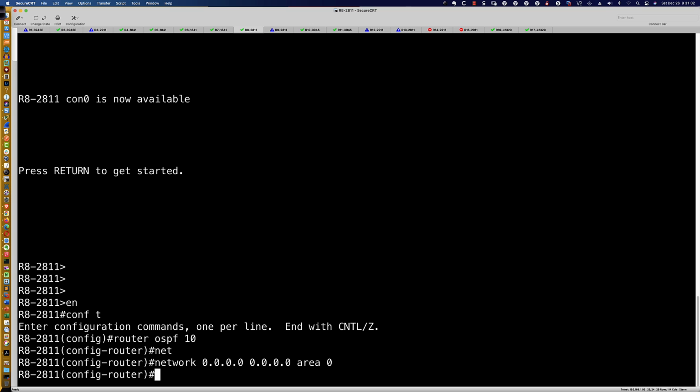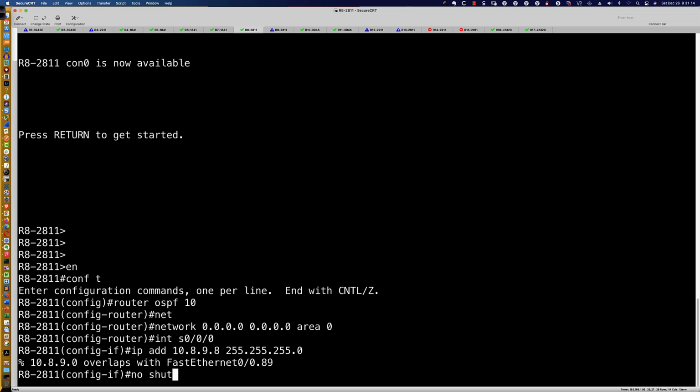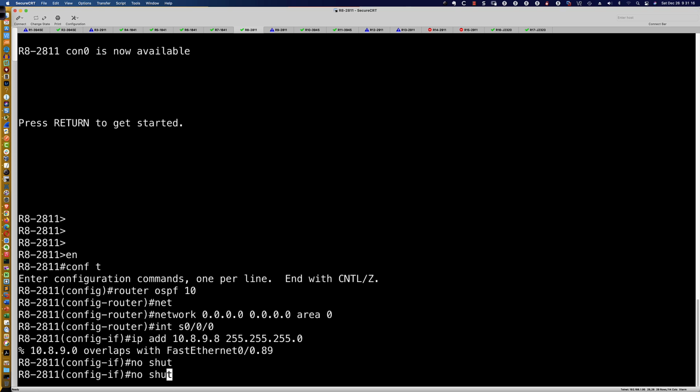And now I'm going to bring up an interface. So we'll go into serial 0/0/0. I'll say IP address 10 dot, router 8 and router 9 are involved here, and this is router 8, and we'll make it a /24. We'll say no shut. Oops, sorry. Wanted that to be 255.255.255.0. Sorry about that.